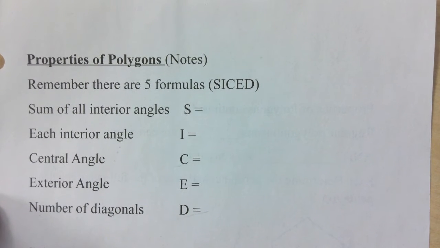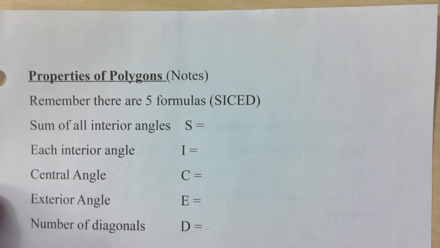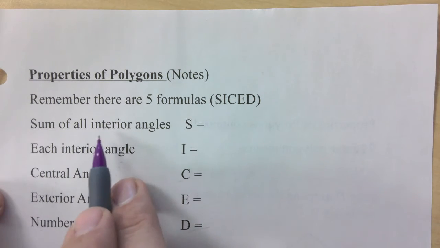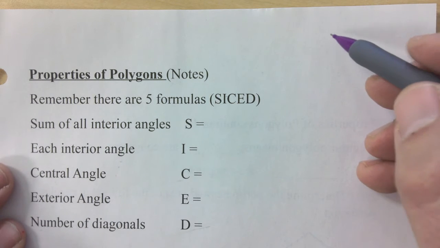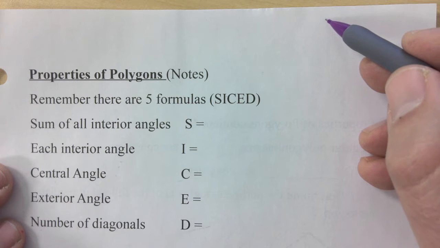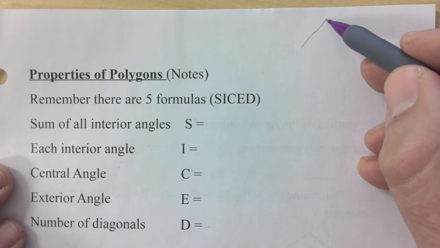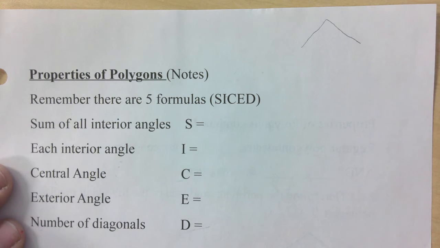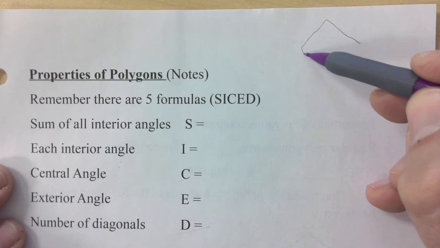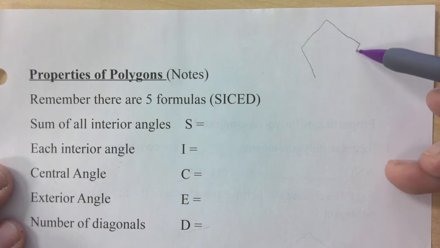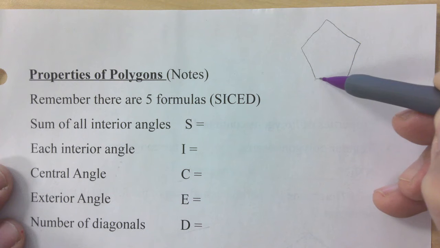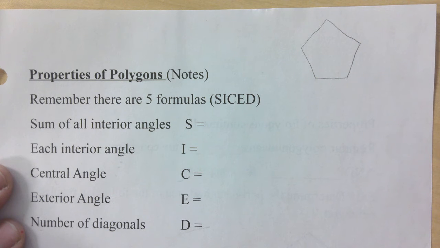Let me start with saying this, okay? What are interior angles? Well, let's try to make a pentagon here. You start with a triangle like that on top, but then you'll just go down, down, across, right? You've made your pentagon.